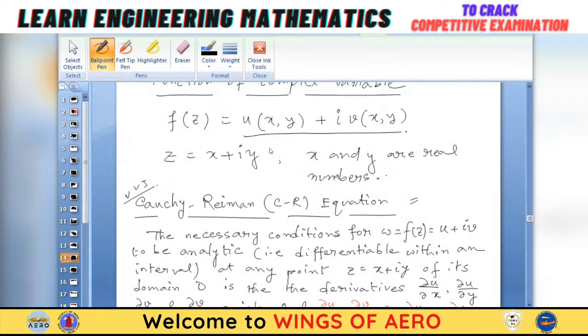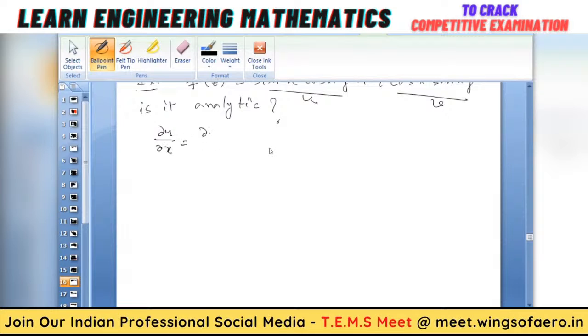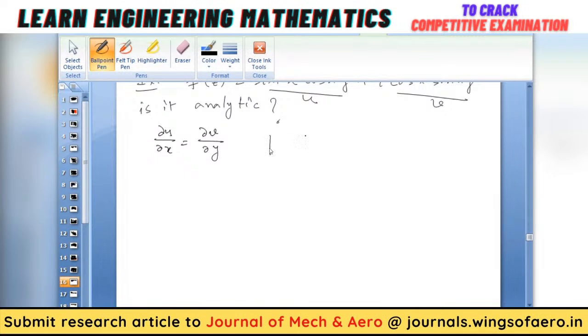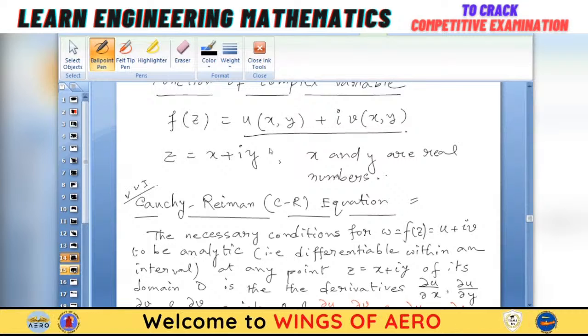The equation is del u del x should be equal to del v del y, and del u del y should be equal to minus del v del x.